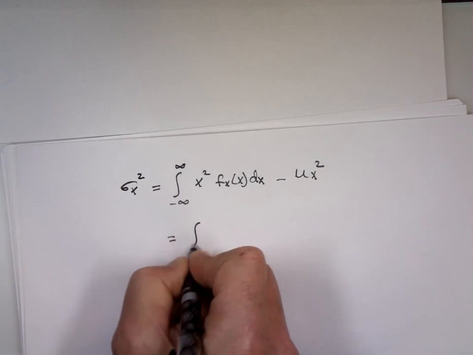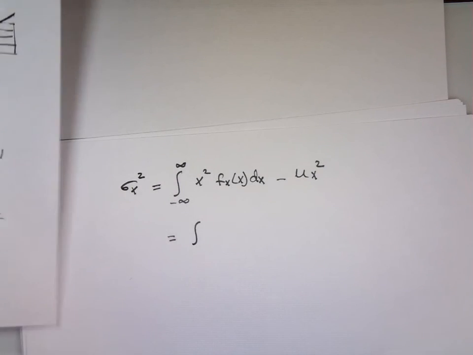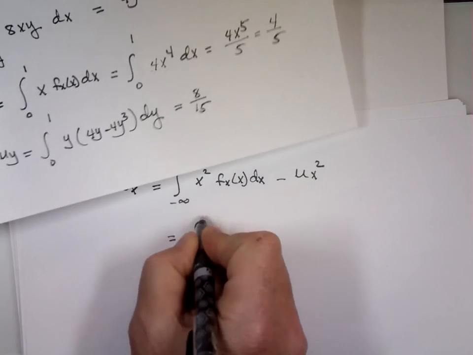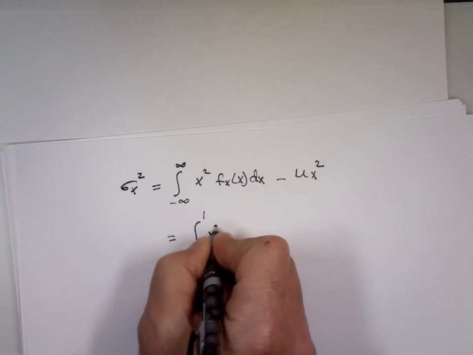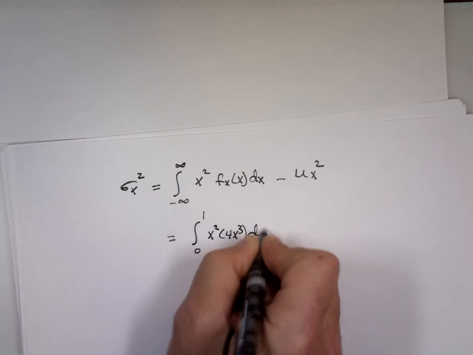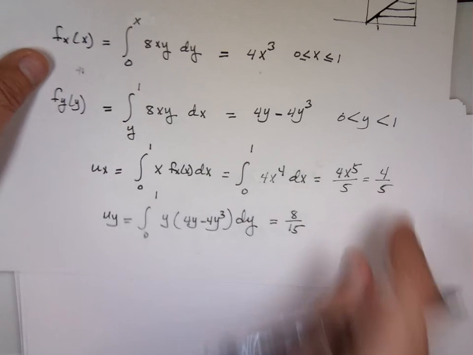F of x, we have the expression for it. It goes from 0 to 1, so 0 to 1, 4x cubed times x squared dx, minus mu x, which I calculated to be 4 over 5, squared.